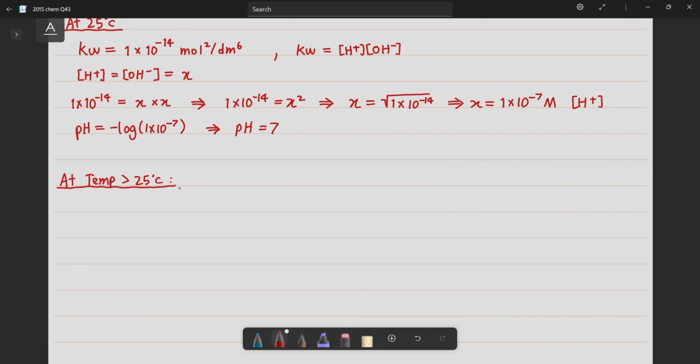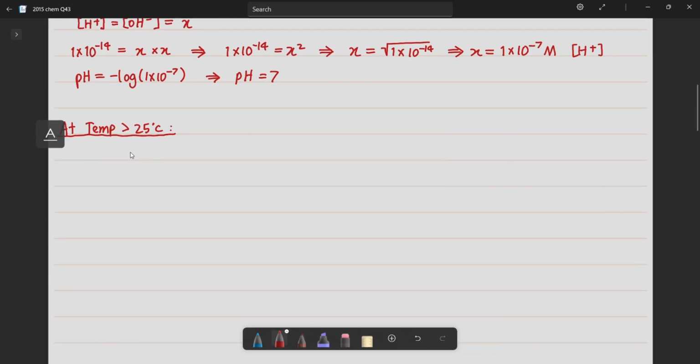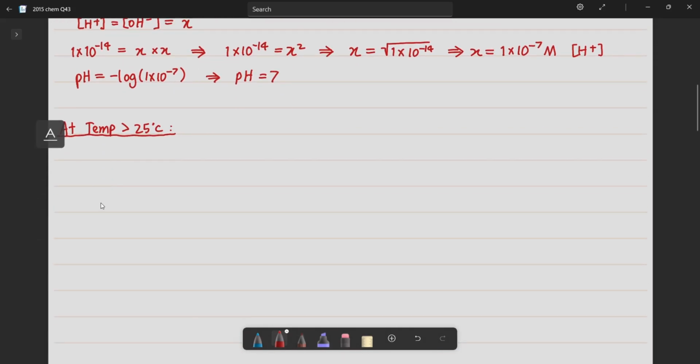We assume that it still stays in liquid form. It does not evaporate, so we don't have to worry because we're discussing the temperature up to 100 degrees Celsius. We don't have to waste time thinking about going beyond 100 degrees Celsius. So this is all about being in liquid form.